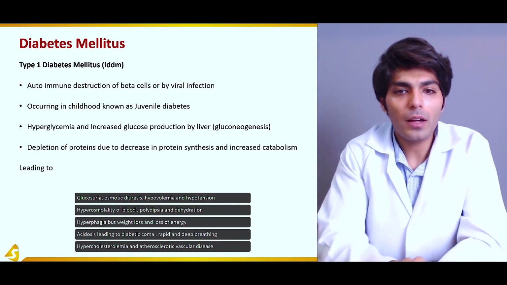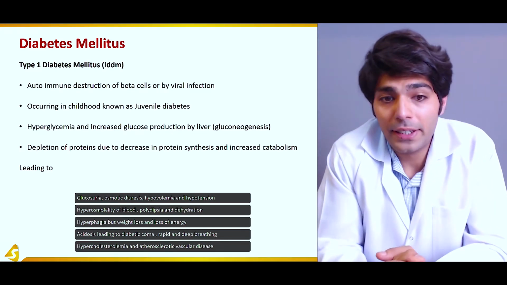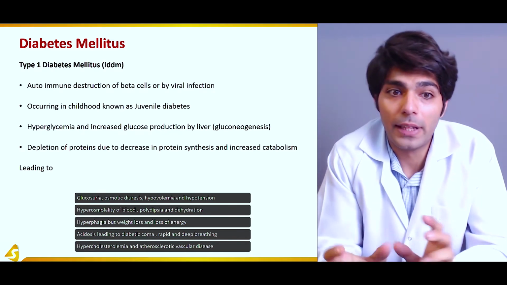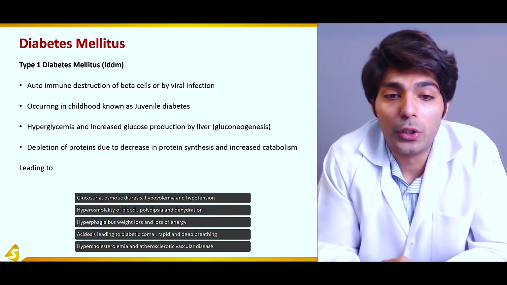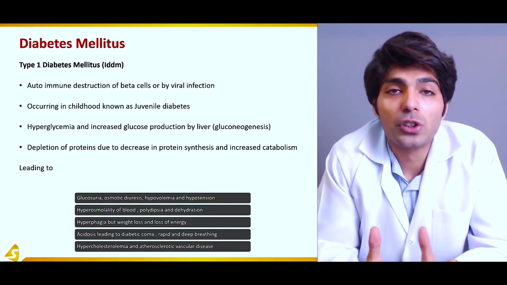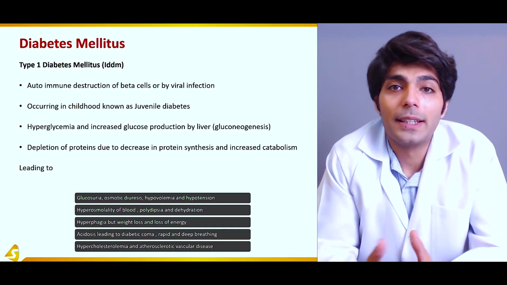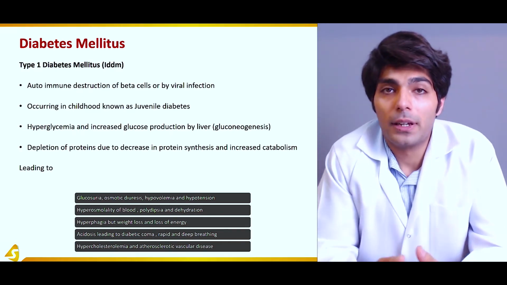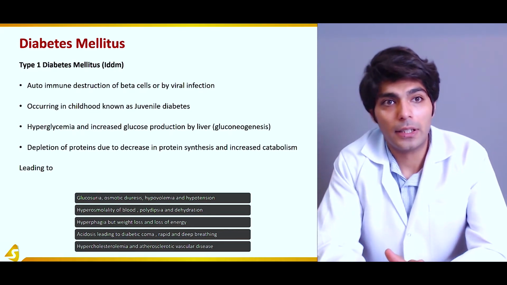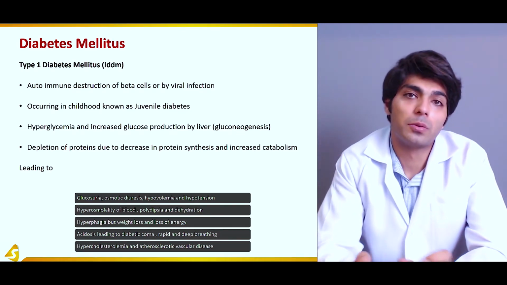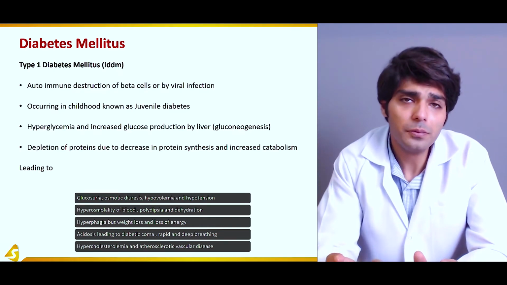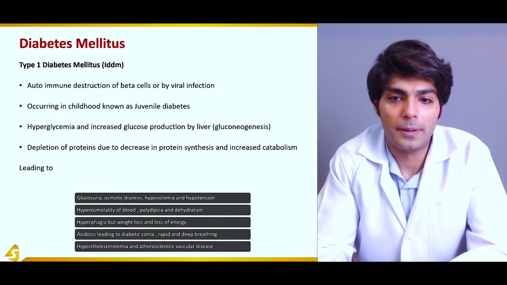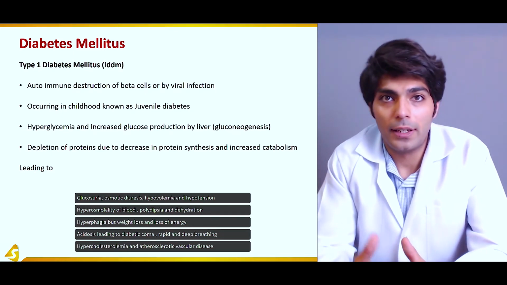There's an increased glucose production by the liver with the help of gluconeogenesis. There's a depletion of proteins and an increase in catabolism. It means that the larger molecules are broken down into the smaller molecules, so more energy is made.